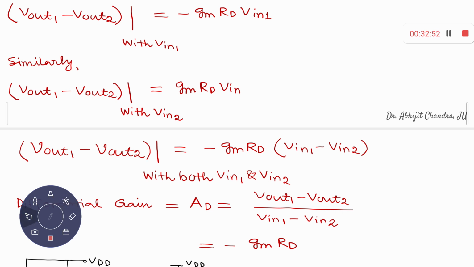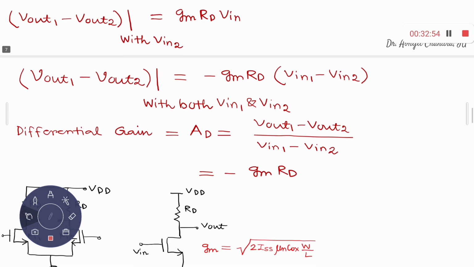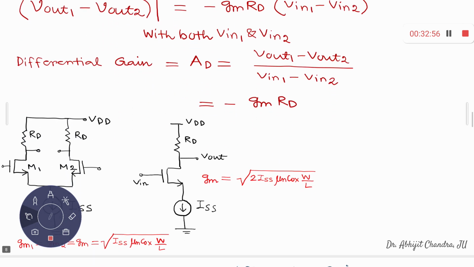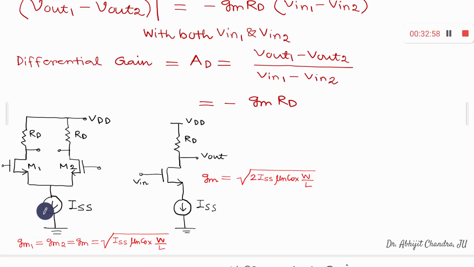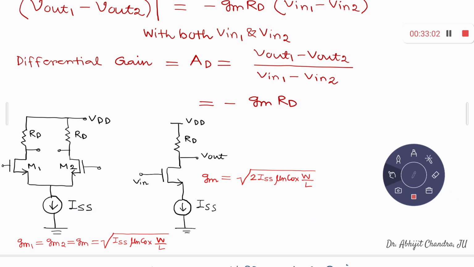Then this part I would like to mention over here. Suppose you have a common source stage, a single stage common source amplifier like this, and you have a differential pair like this. Both of them are biased using a constant current source, that is ISS.